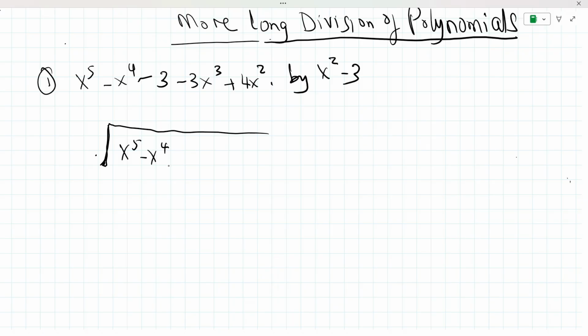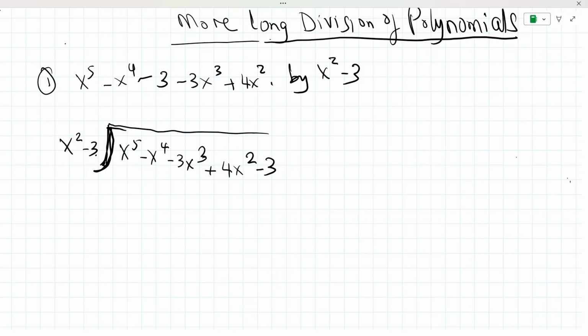And then the next one should be minus 3x squared, and then plus 3x cubed. And then plus 4x squared. And then lastly, we have minus 3. Once they are arranged in that order, we make it easy for us to do the long division. And this is going to be divided by x squared minus 3.